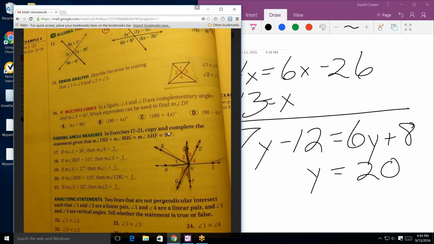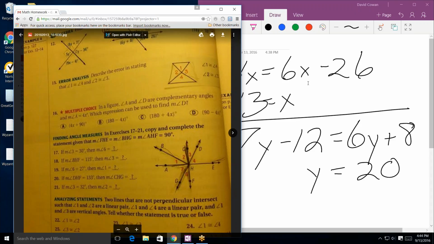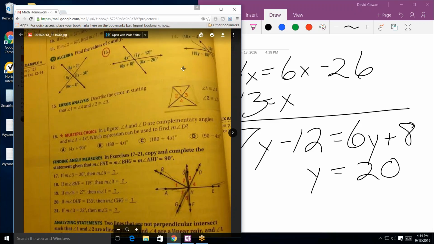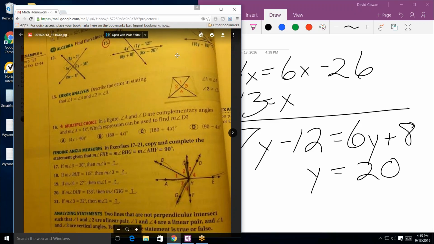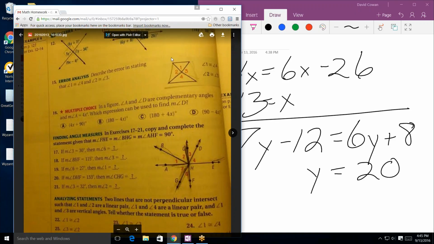We just did 14. Yeah, what I have written up here was 13. Okay. You got 14 done? Yeah. See, I don't care about the answers because I know you know how to do that. What I want to work on is the stuff you're not positive you know how to do.